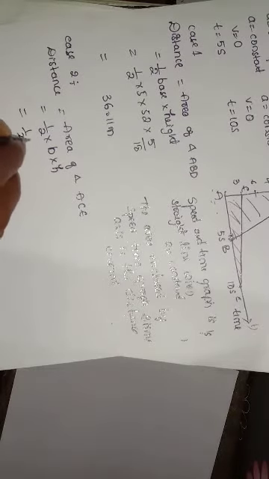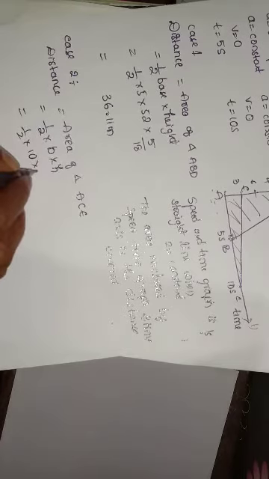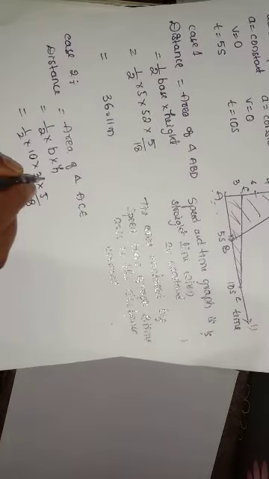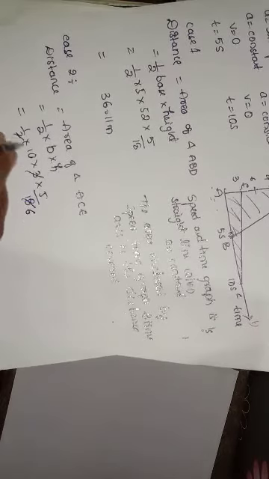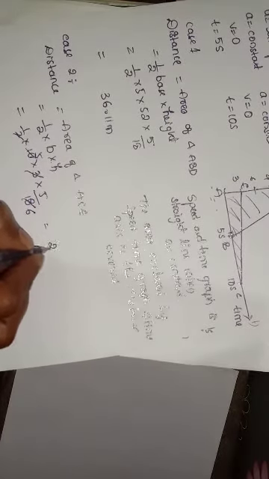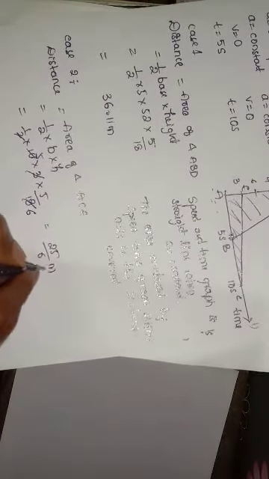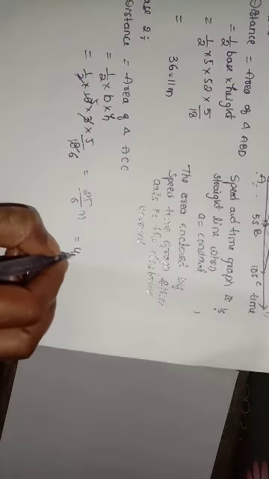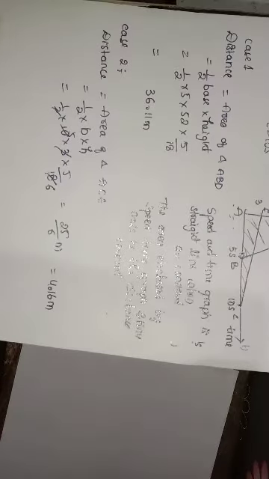Base is 10, and height is 3 into 5/18. So 3 into 5/18, that is 25/6 meters, which equals 4.16 meters. So in which case did the car travel more distance? In the case of the first one. In the first case, the car traveled more distance.